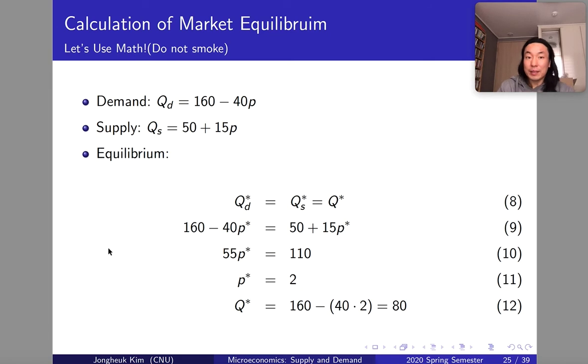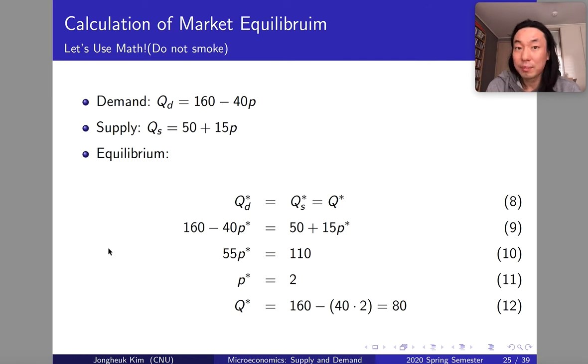So let us find the equilibrium, okay? To find the equilibrium, you can easily apply the definition of equilibrium. The definition of equilibrium is a situation where quantity demanded equals quantity supplied, which means that there is only one quantity we can define, which is Q star.